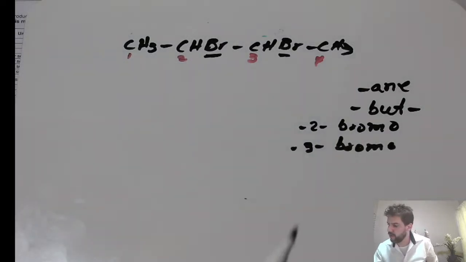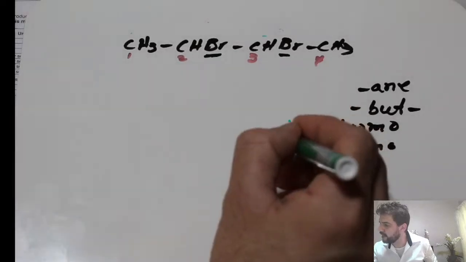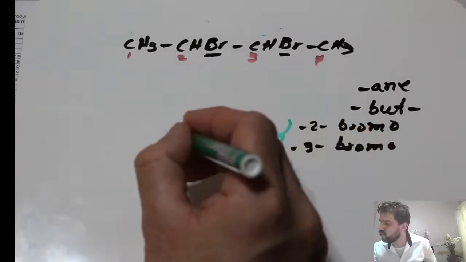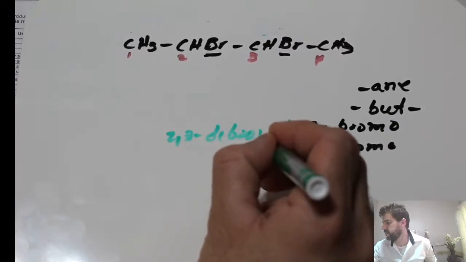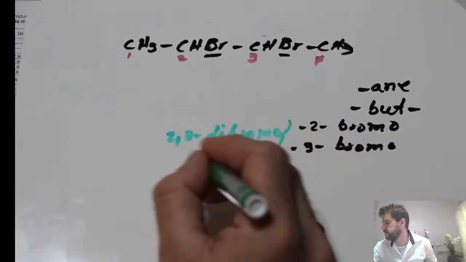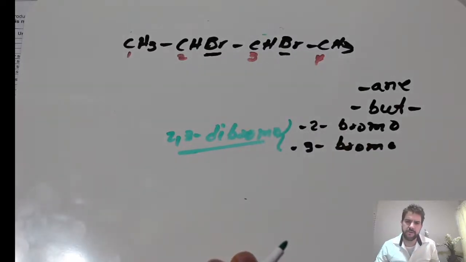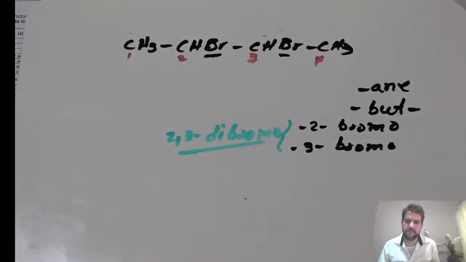All right, so now here we have 2 of the same halogens. It means we have to use dibromo. So this one will be 2,3-dibromo. All right, 2,3-dibromo. That green is a little bit not good. Let me take it away and use another color. And then we combine.